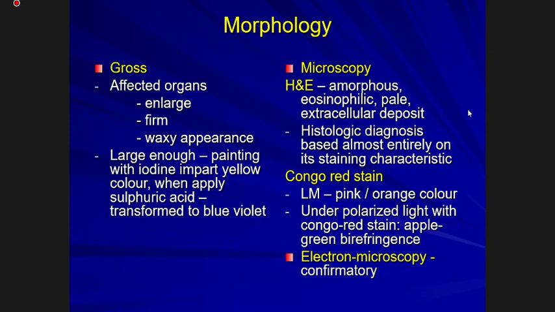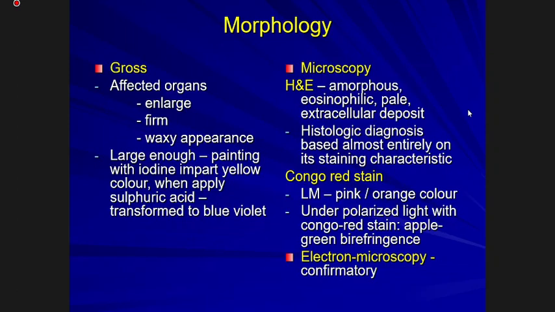if you look at the organs that are affected, generally the organ will appear enlarged, firm, and waxy. That is generally how an organ with accumulation of amyloid will look grossly.